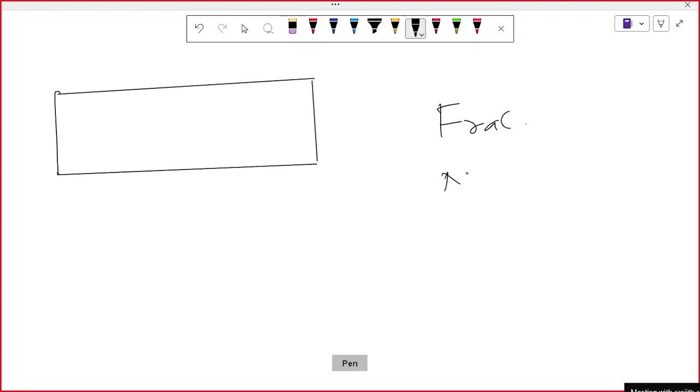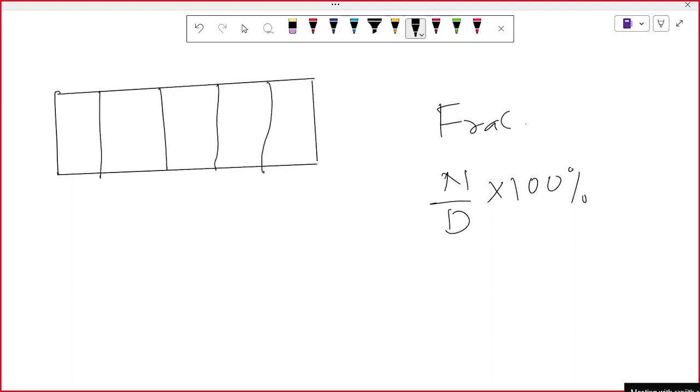There has to be numerator by denominator. With that, you have to multiply by 100%. Okay, total 5 pieces.